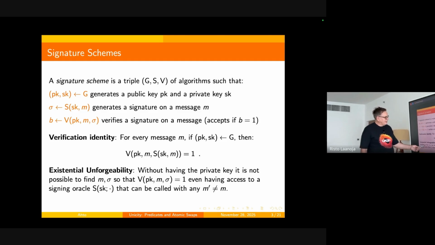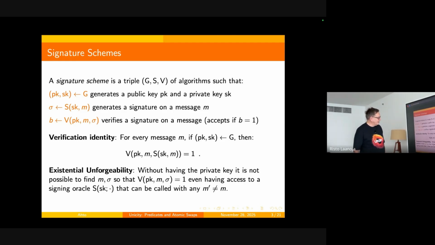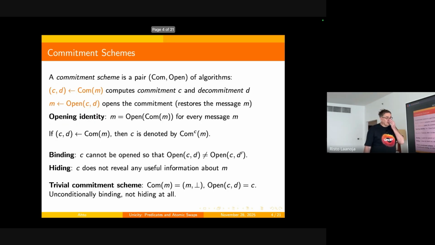But the point is that you can't call the same M that you, as adversary, will output as a forgery. So this is called existential unforgeability under adaptive chosen message attack.